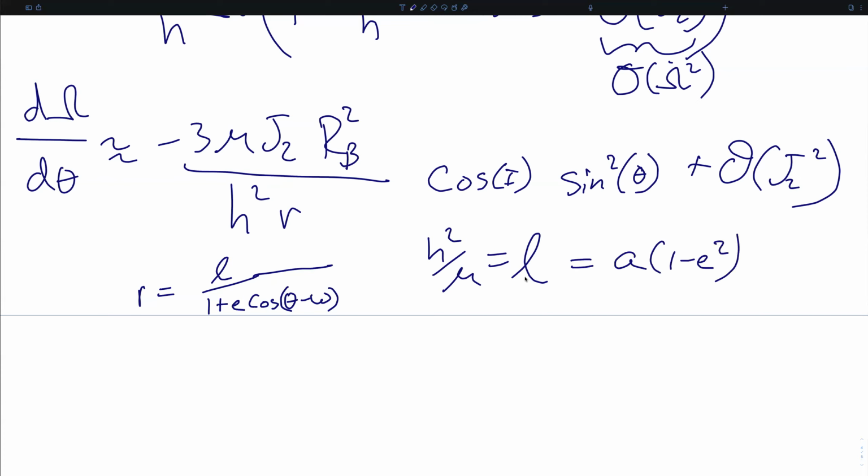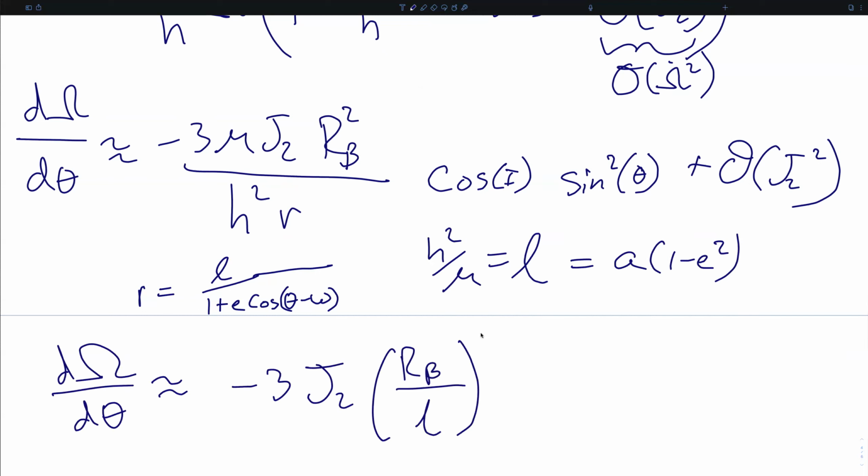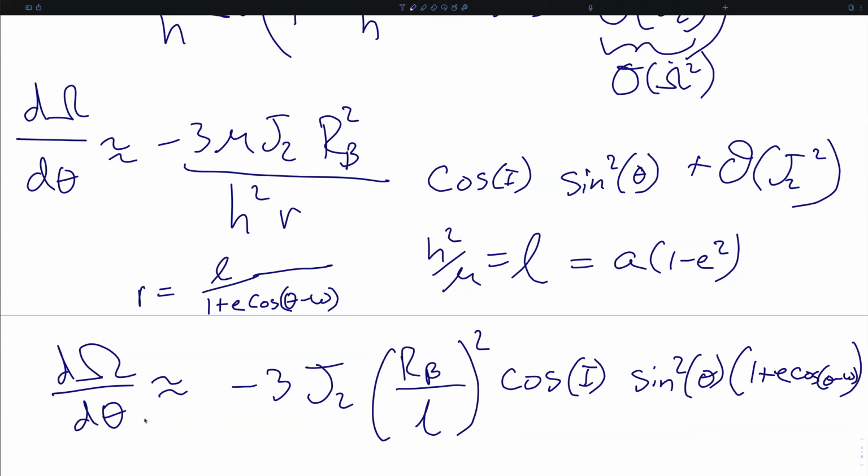And so this expression here becomes dΩ/dθ is approximately -3 J2 times the quantity R over L squared, times cosine of the inclination times sine squared of theta times 1 plus e cosine of theta minus omega.